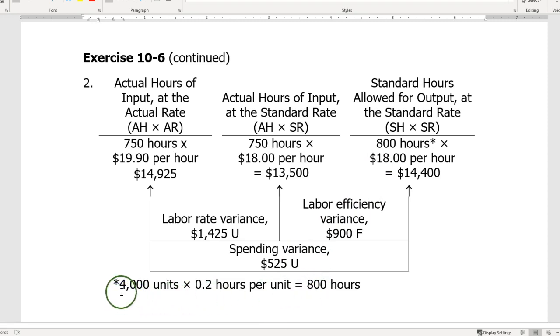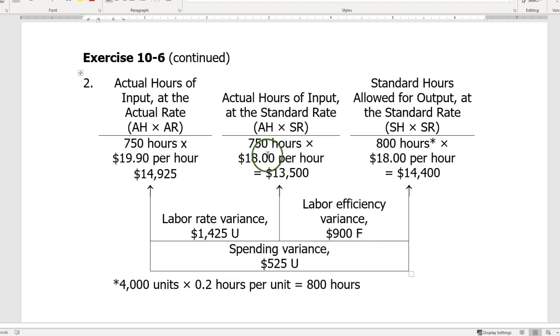So we should have used 800 hours, drop it in here. We actually used 750. So we used fewer hours than we were required to according to the standard. So the labor efficiency variance is favorable.